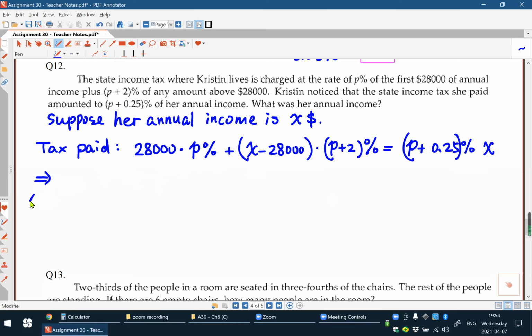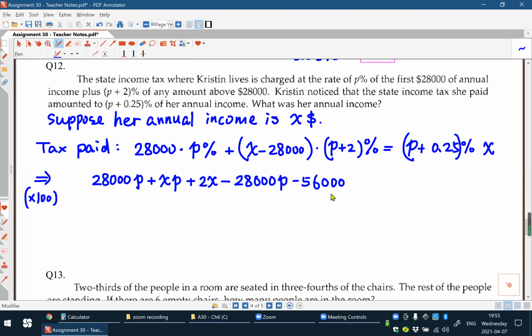First of all, we can times 100 to both sides of the equation, right? This will give us 28,000P plus XP plus 2X minus 28,000P minus 56,000 equals PX plus 0.25X.